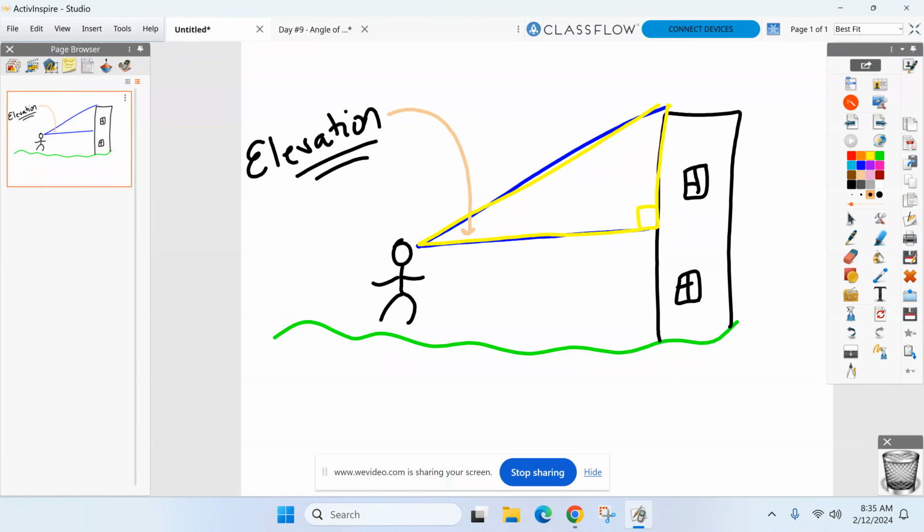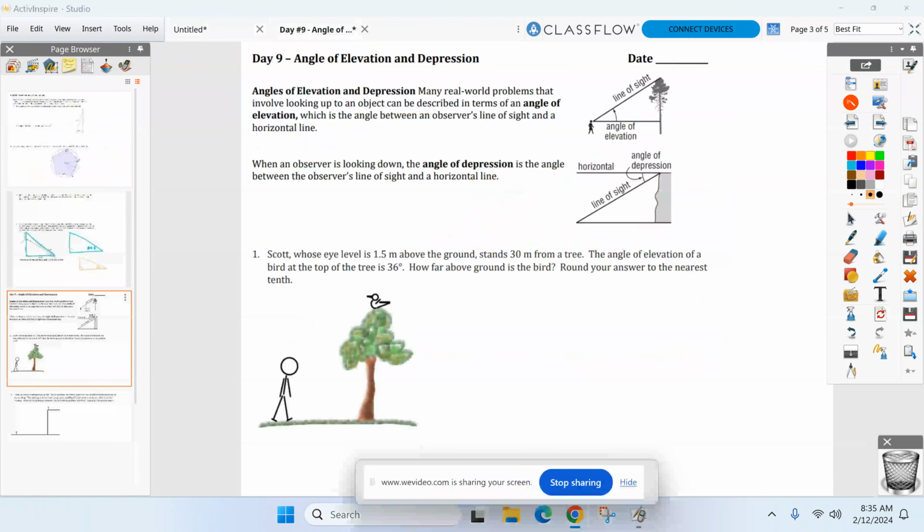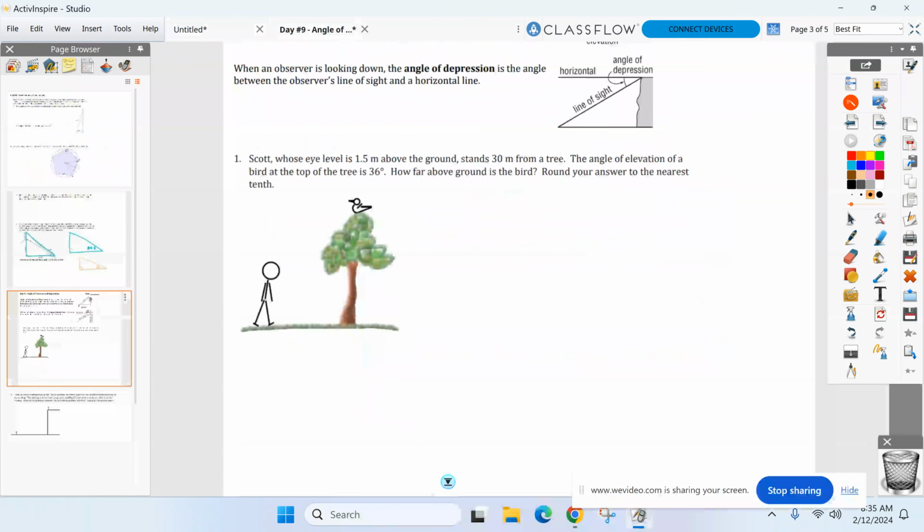So let's see if you guys can help me here in problem number one. We got Big Scotty here on problem one. His eye level is 1.5 meters above the ground. Go ahead, throw the 1.5 on there. Eye level, so ground to his eye, 1.5.